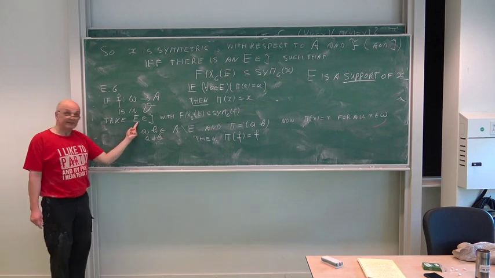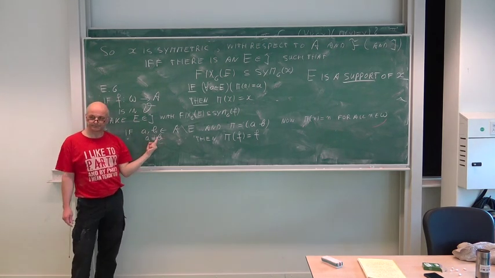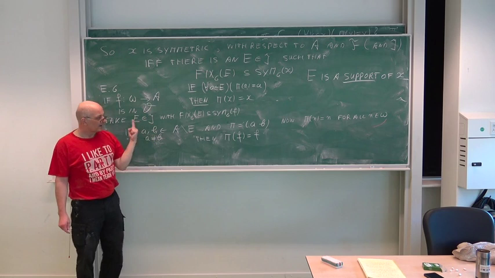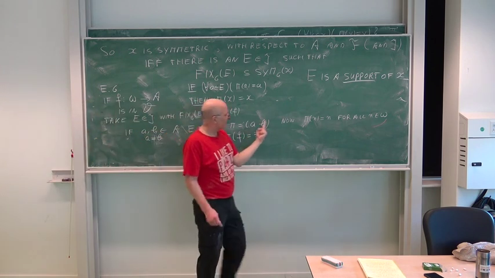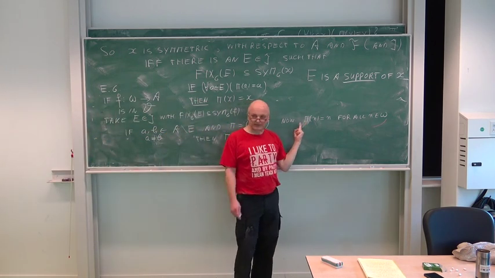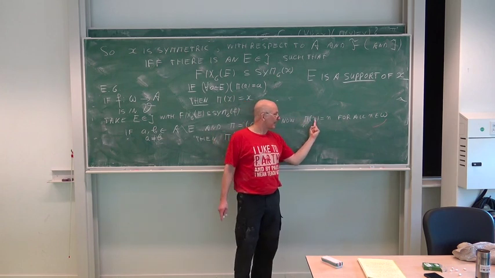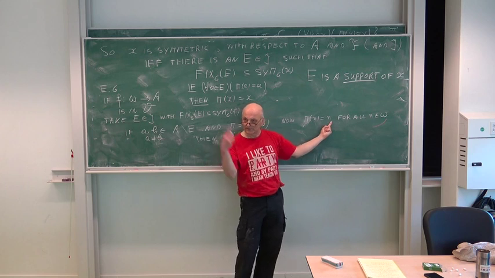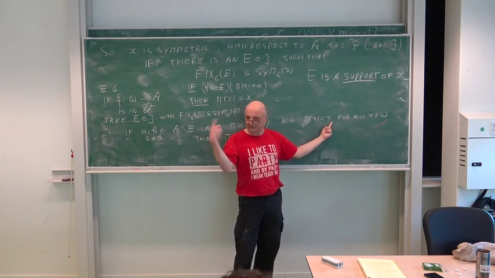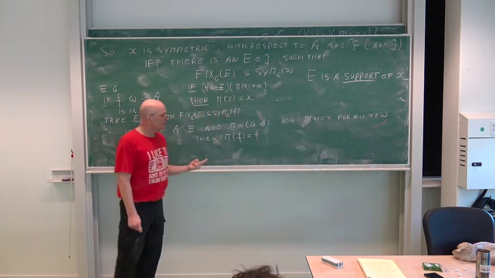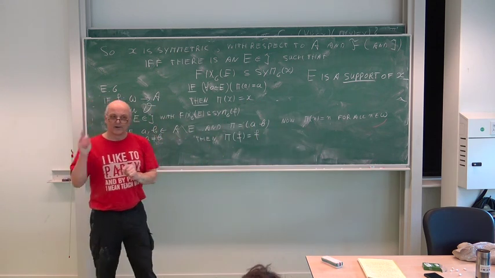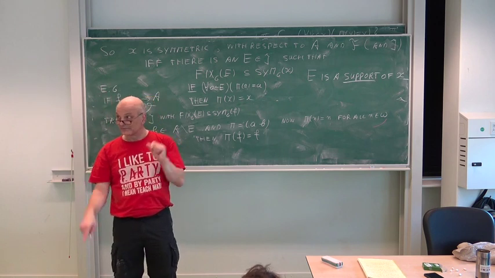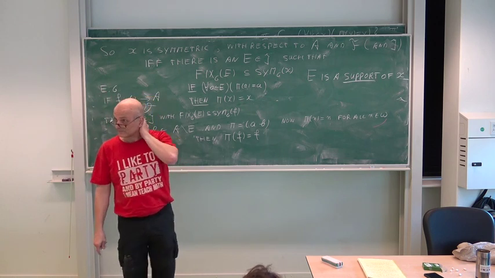So we have a support for F, but for every permutation, not only this one, pi of n is always equal to n. That's what we saw last time. The kernel, everything stays in its place under every possible permutation. Oh, wait a minute. All the first coordinates of the members of F stay the same.